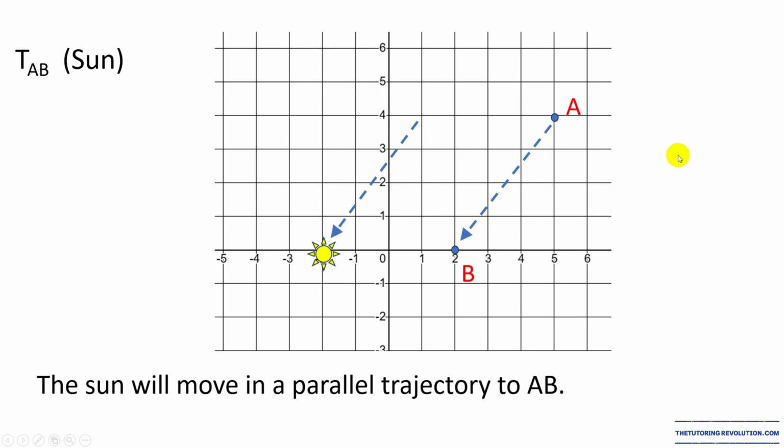So the sun is moving in a parallel trajectory to A, B. And we label this with a prime symbol, because remember, before the translation, we have a pre-image, and after the translation, the image is always labeled with a prime symbol, same as here.